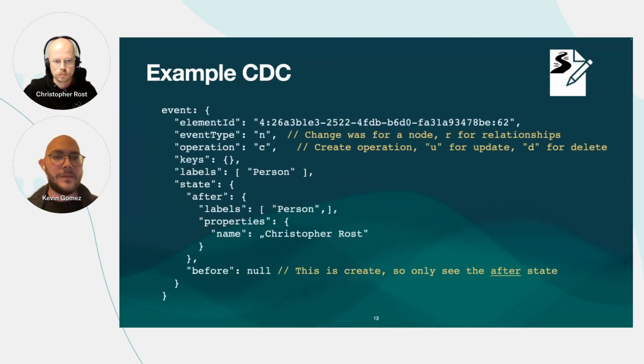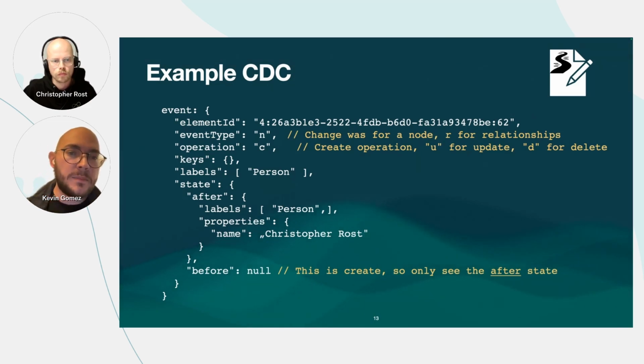And then to the actual event itself, you can see the event was executed on a specific element ID, that is a node or relationship ID inside the database. The event type in this scenario is N. That means something occurred on a node. It would be R if something occurred on a relationship. Then we have the operation. In this scenario, it's C. That means something was created.